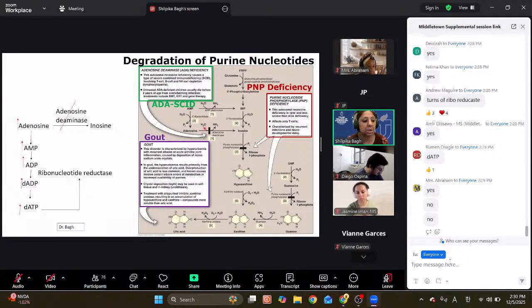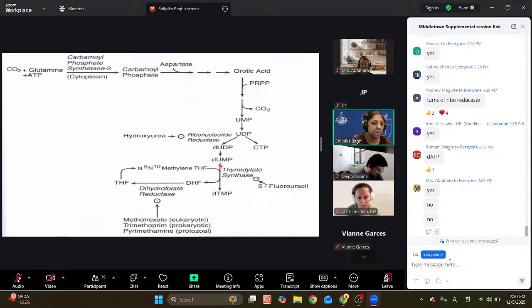So see, you got to connect the normal rate-limiting enzyme, its regulator, its feedback inhibitor, its activator, with the disorder. Does that make sense? So this is turned off in patients with ADA deficiency, and that's not good because they will lose all cell function, including T and B cell.